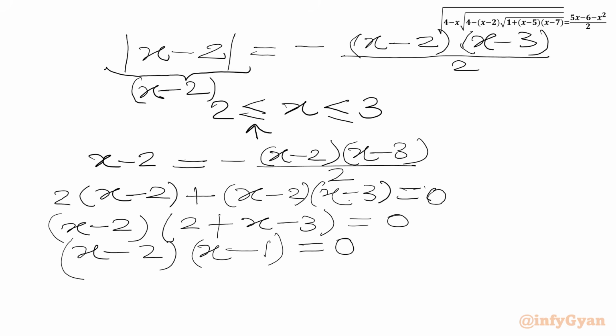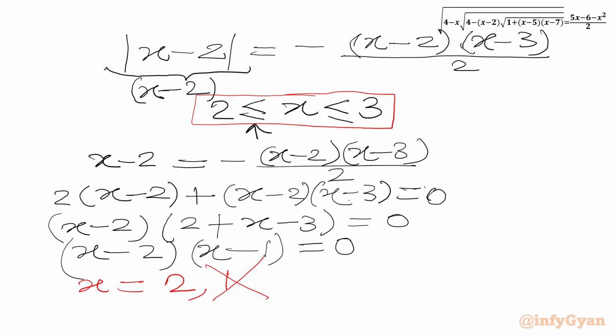Using product 0 rule, we are going to write either x minus 2 equal to 0, so x equal to 2, or x minus 1 equal to 0, so x equal to 1. But as per our condition on x, x should be in the interval 2 to 3, so 1 will be rejected. So our final answer must be x equal to 2, which is satisfying our equation.